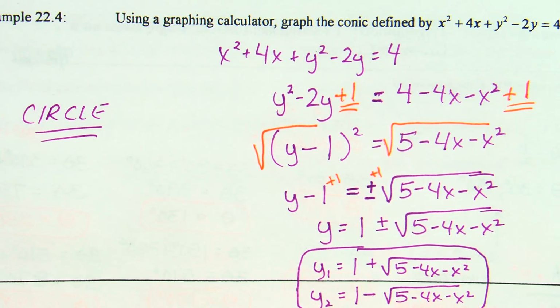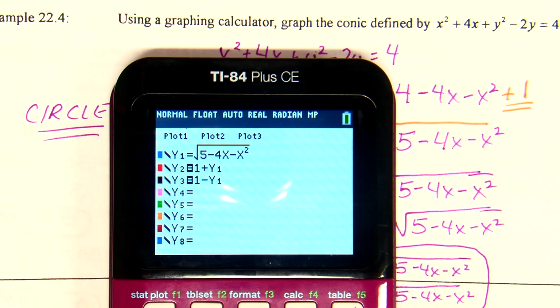Now, because I don't want my graph to be confusing, I don't know if we've ever talked about this. Notice these two have that little highlighted equal sign. Up here, I went up and hit enter on that highlighted equal sign and turned it off. What's going to happen now is y1 won't physically graph. It's just in there. y2 and y3 are the only things that will graph.